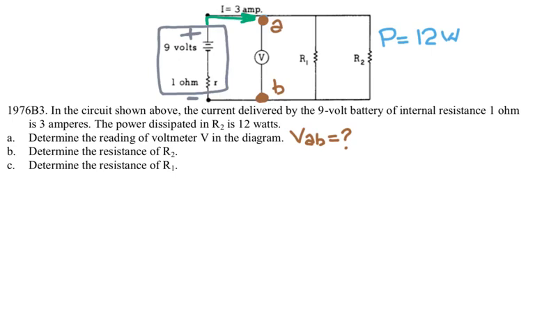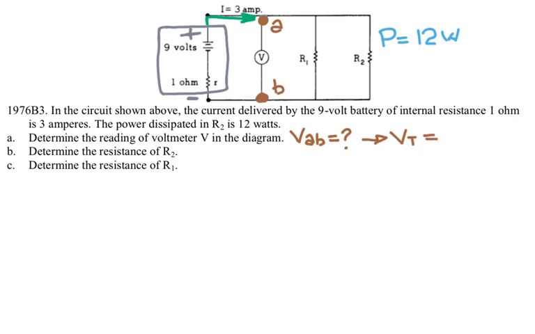The voltage VAB is the same as the terminal voltage, the voltage that comes out of the battery. Because you know the current through the battery is 3 amps, some voltage is going to be dropped inside of the battery before it even comes out.